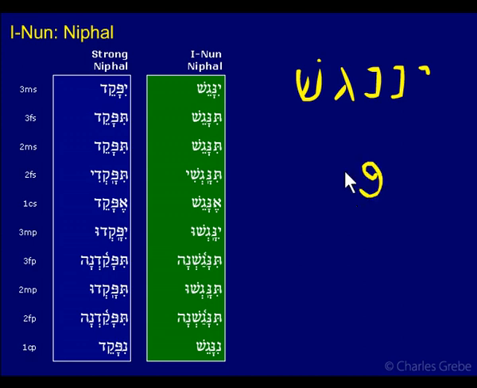Now with pakad, we had the same deal. Pakad, we had our Niphal nun. Of course, we don't have a nun here because it's a strong verb. Here we have a nun because it's a weak verb. It's the first nun. But pakad, our strong verb, we still have this Niphal nun, and then we have a prefix in the prefix forms, which is what we're dealing with here.